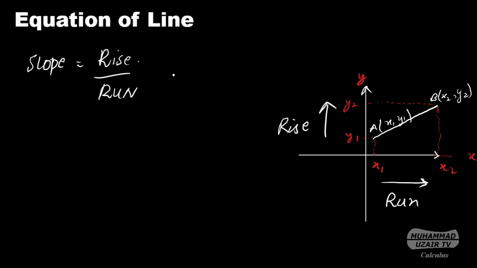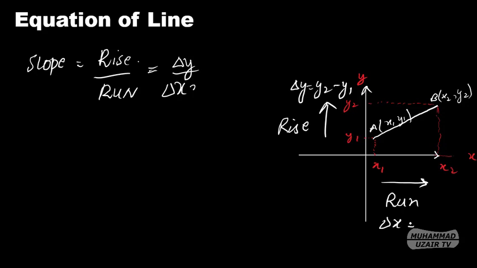So slope will be equal to delta y divided by delta x, where delta y will be equal to y2 minus y1, and where delta x will be equal to x2 minus x1.